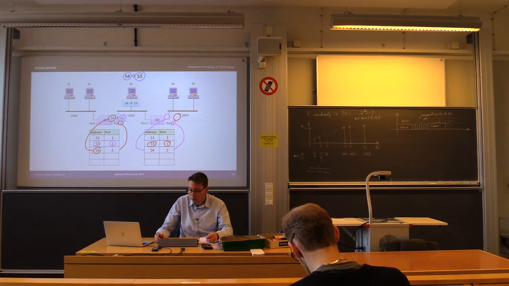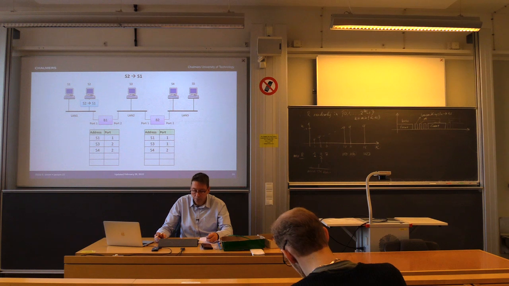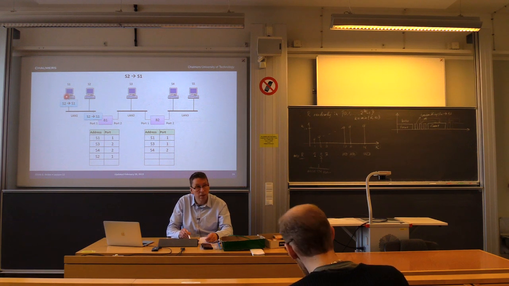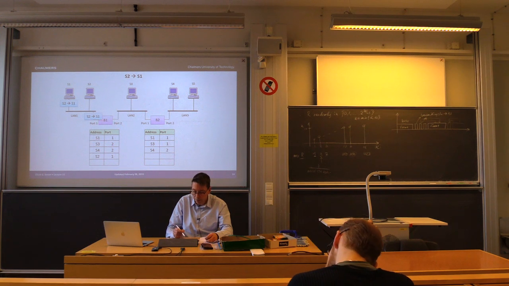Okay, and then we continue like S2 to S1. What's going to happen then? Well, S2 generates a packet and transmits this out. It's picked up by the bridge. The bridge knows that apparently S2 is on my port 1, so I put that into the table like this.